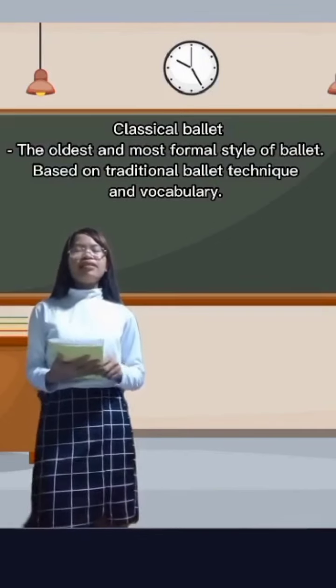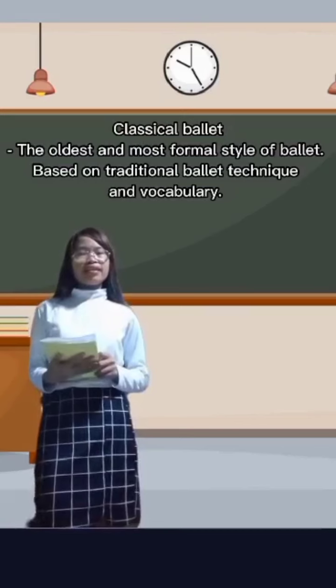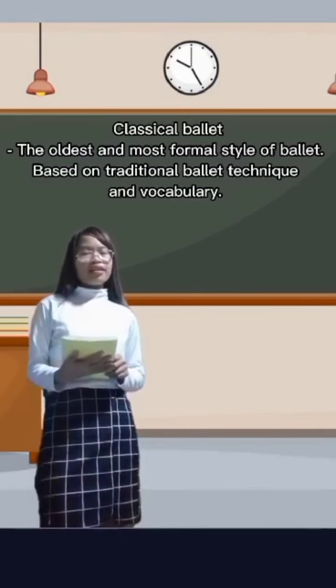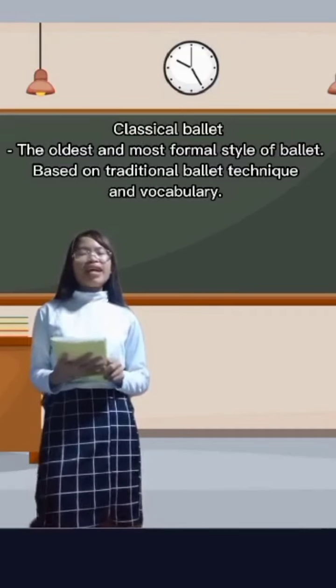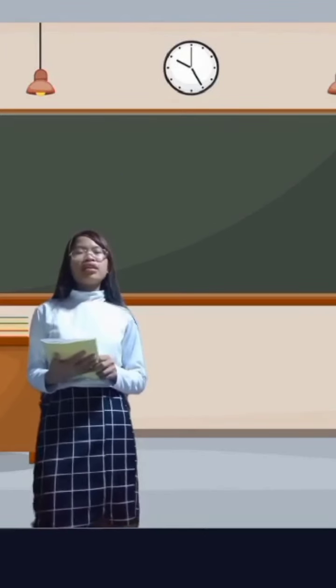Classical ballet is the oldest and most formal style of ballet. It follows traditional ballet, and the technique used first began 100 years ago.